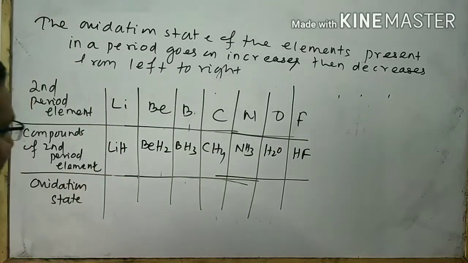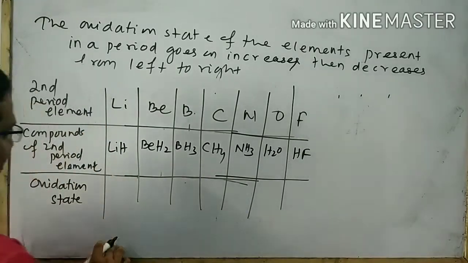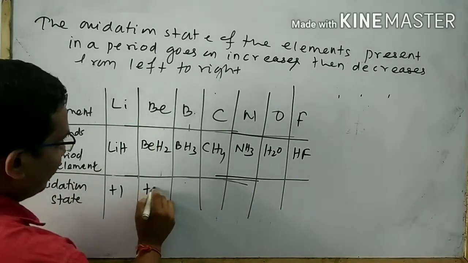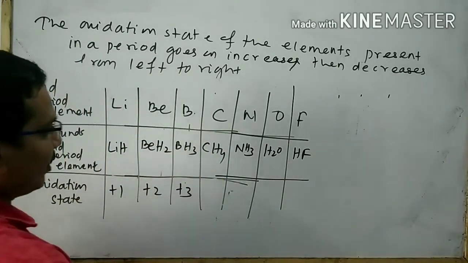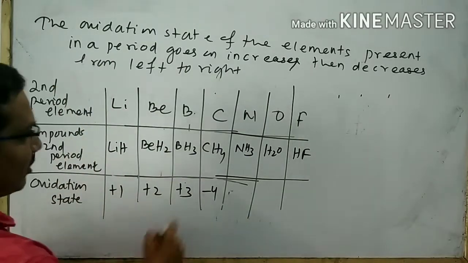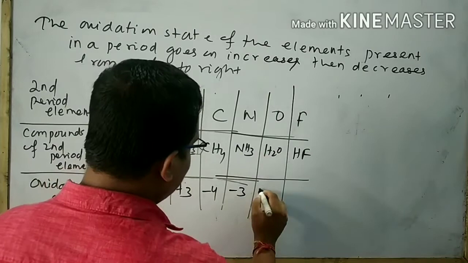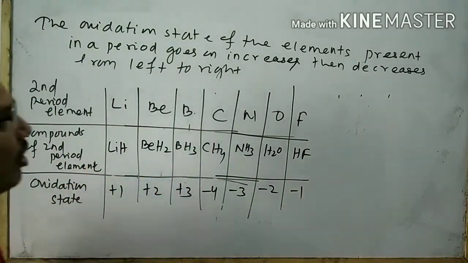The oxidation number of lithium in LiH is +1. Next beryllium is +2, boron is +3. The oxidation number of carbon in CH4 is -4, nitrogen in NH3 is -3, then -2, then -1. This is the variation of oxidation state in a period.